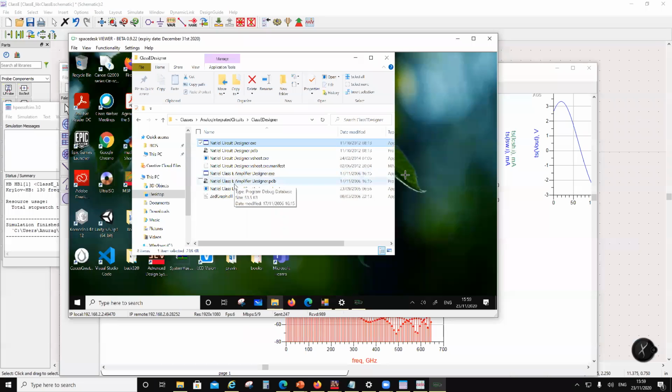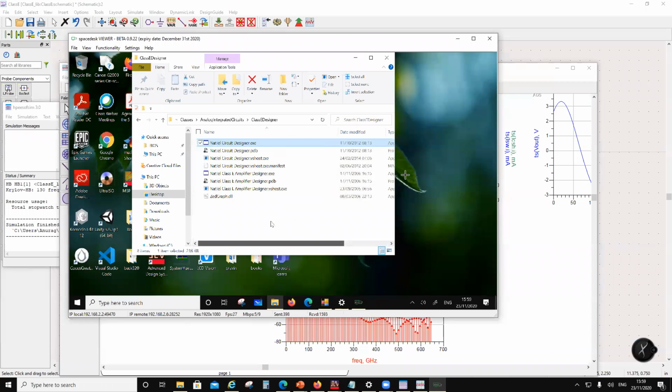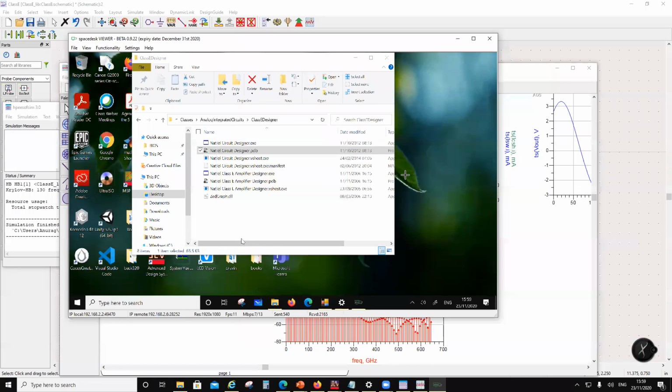It will not open as a, oh, source code is where? What happened to my source code? Application extension program debug. This is a program debug, but this should be a source code here. No, I'll find out the source code.